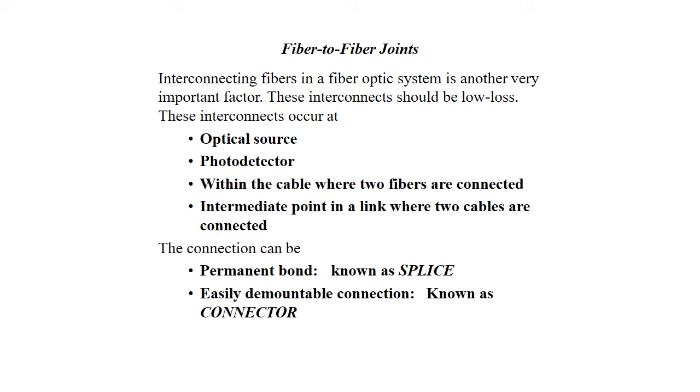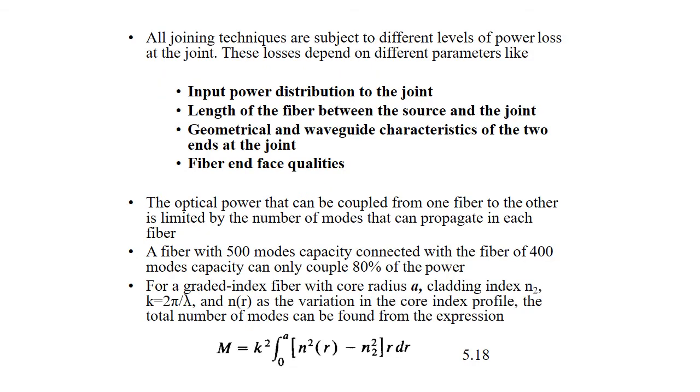The connections can be a permanent bond, which is known as a splice, or an easily demountable connection, which is known as a connector. All the joining techniques are subject to different levels of power losses at the joints.